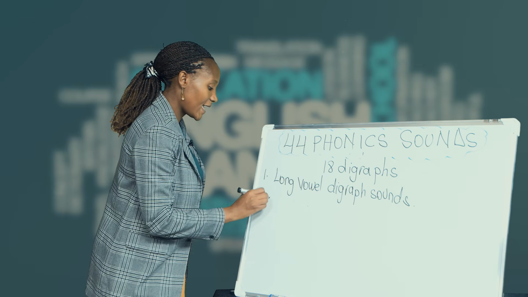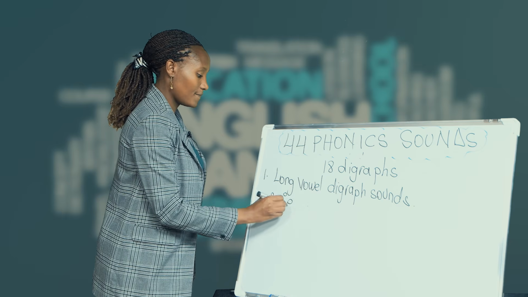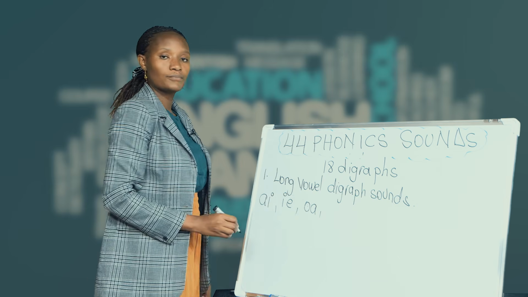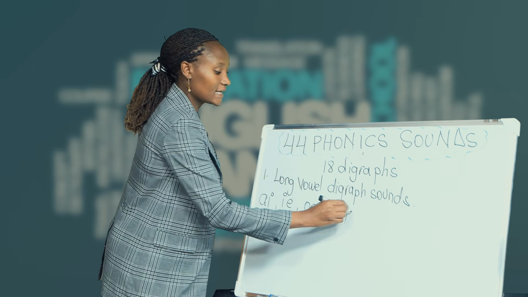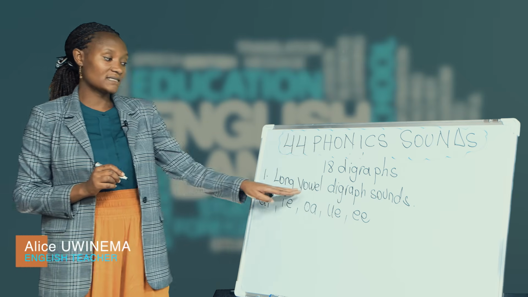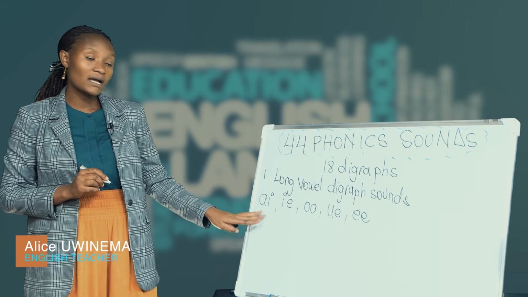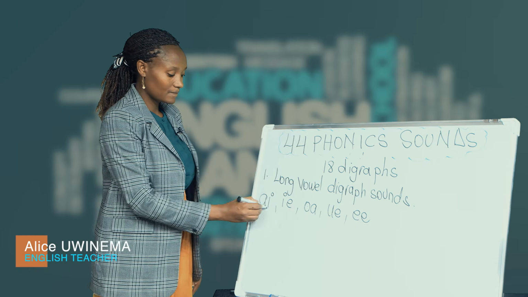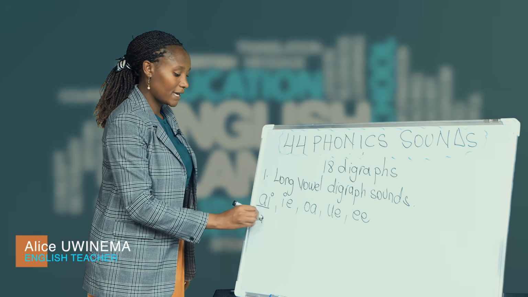These are A, I, O, U, and E. Remember, these are long vowel digraph sounds and they are 5. Let's see some examples that have these digraphs. With A, we have words like pain.